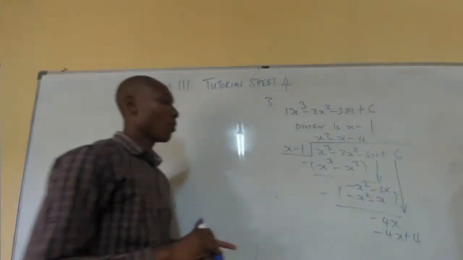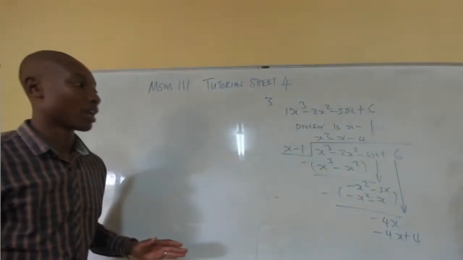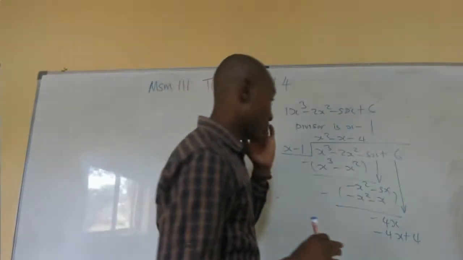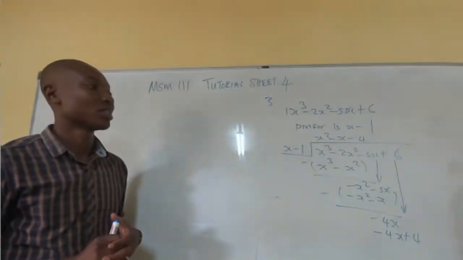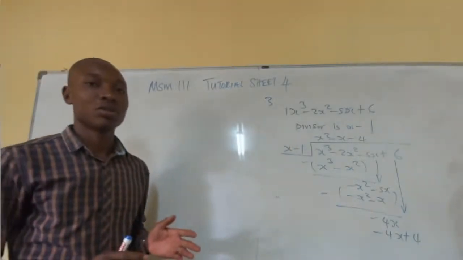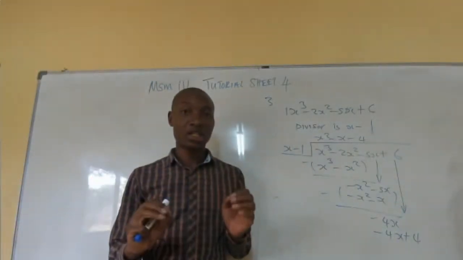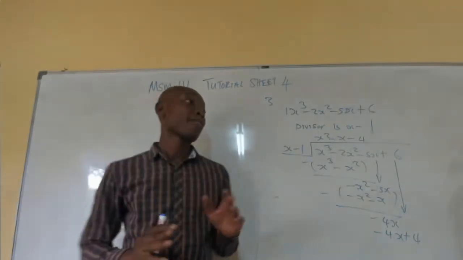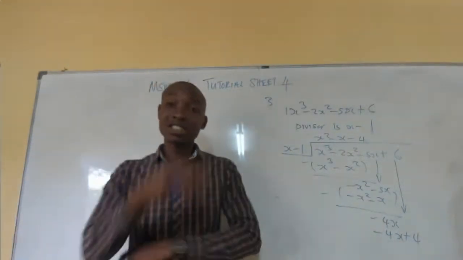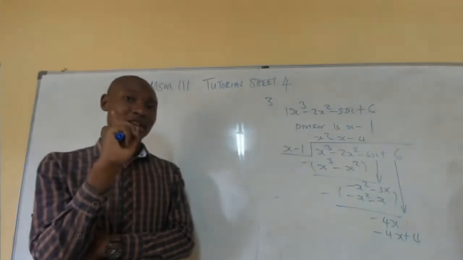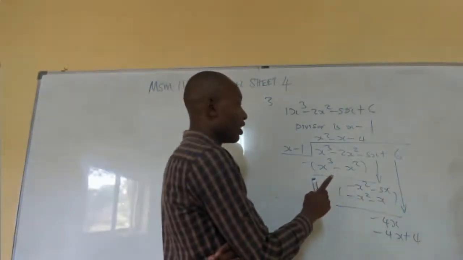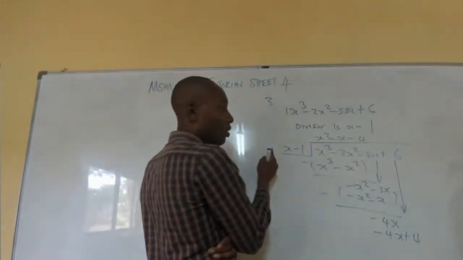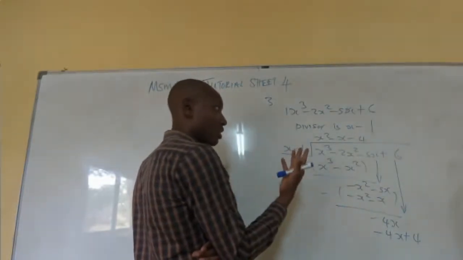Now, I want you to take note of something. Many times people get these questions wrong, not because they didn't know, but because of the manipulation of the signs. If you look at this, you notice that there is an anomaly somewhere. When I multiplied negative with positive, yes, it was right.